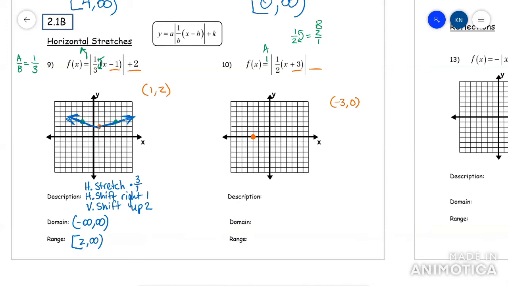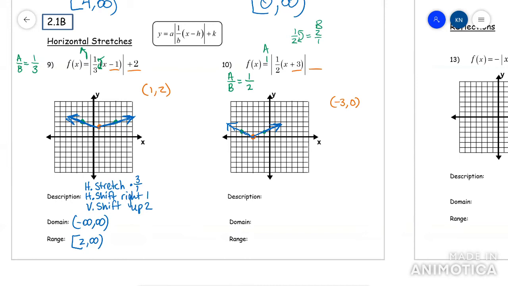So when you do A over B, it's really like 1 over 2. This is my slope from that orange dot. Rise 1, run 2. Now go connect the dots. Like that. The description, this 1/2 here, well, B is actually 2.